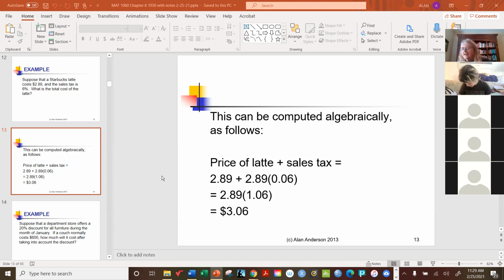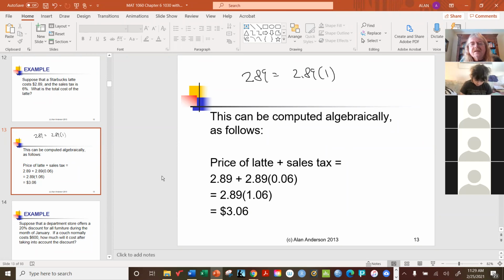Now you can consolidate these algebraically because there's an implicit one here. In other words, 2.89 is the same as 2.89 times 1. So if you've got an expression like this, you can consolidate this into 2.89 times 1.06. And that's what you've actually done here.